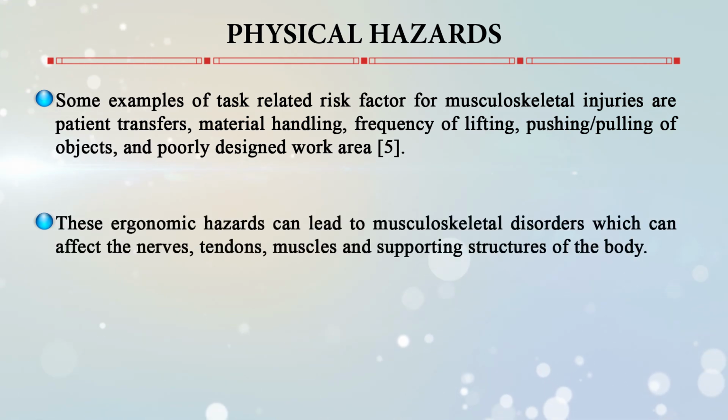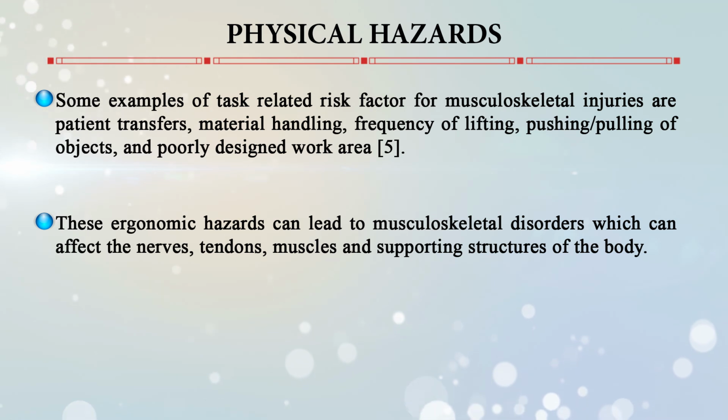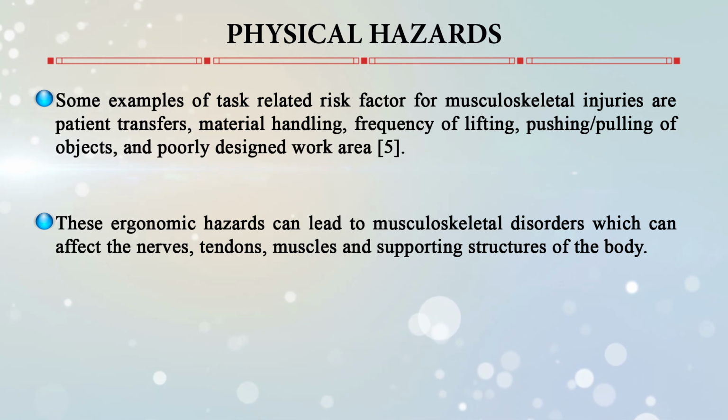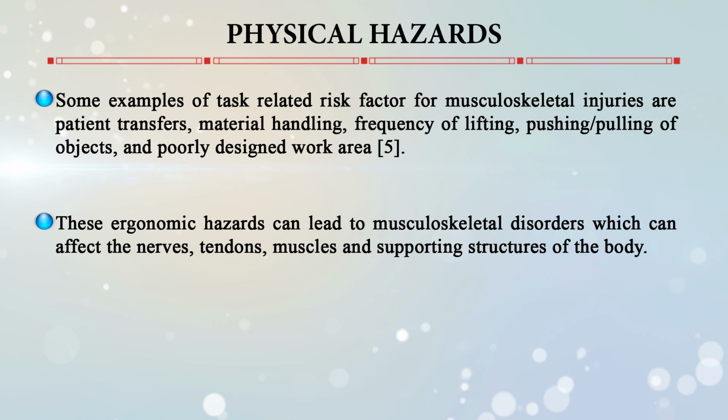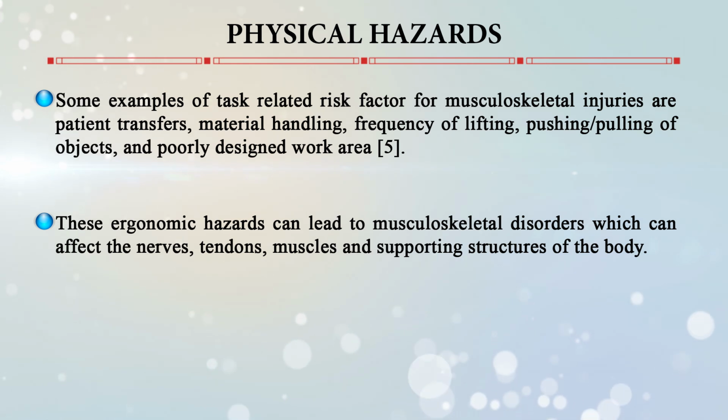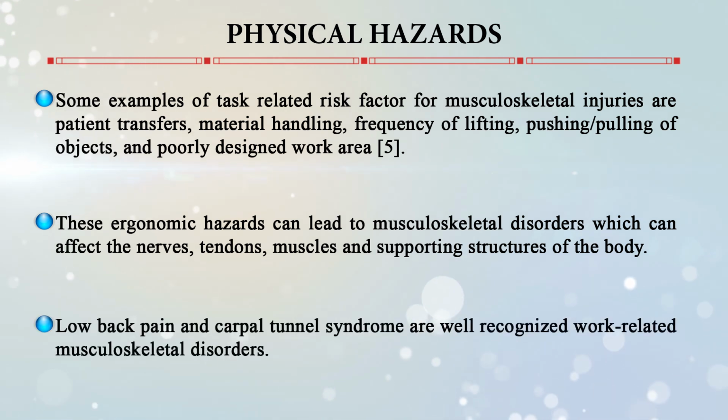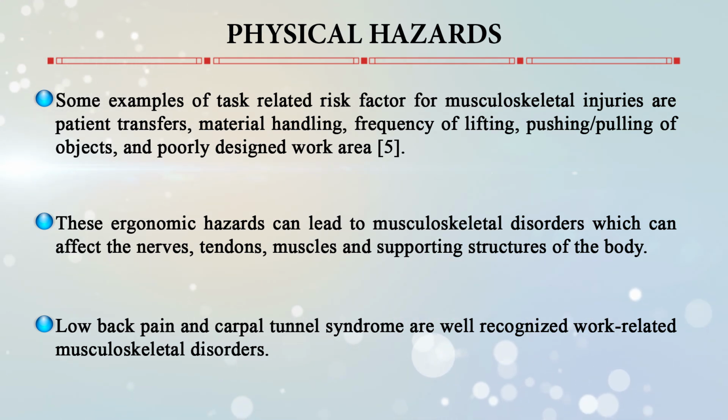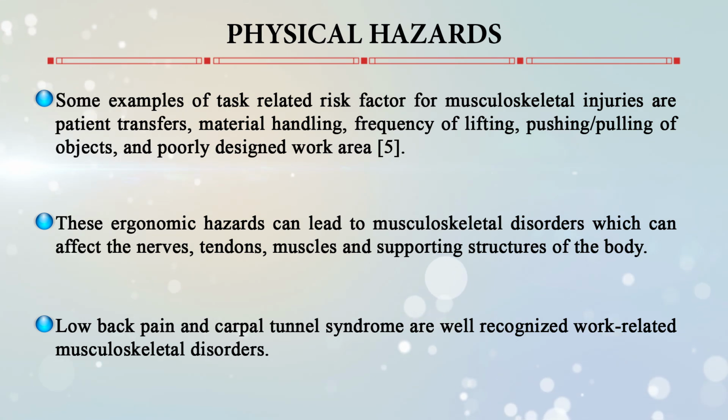So, these ergonomic hazards can lead to musculoskeletal disorders that can affect the nerves, tendons, muscles and also supporting structures of our body. Especially low back pain and carpal tunnel syndrome are well recognized work-related musculoskeletal disorders.